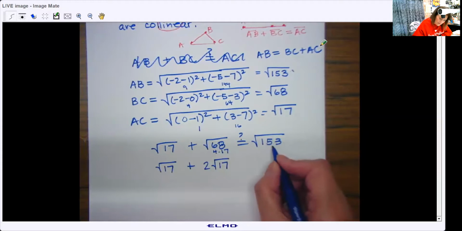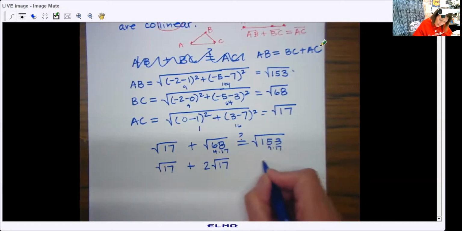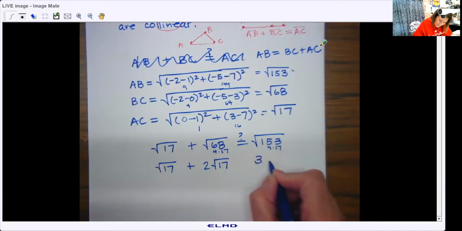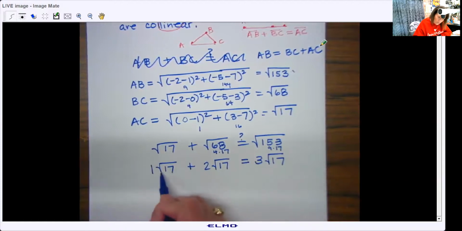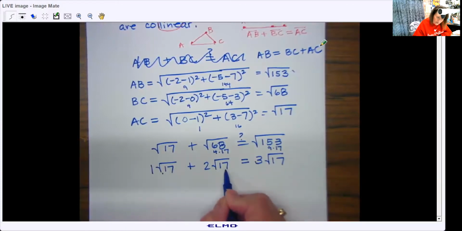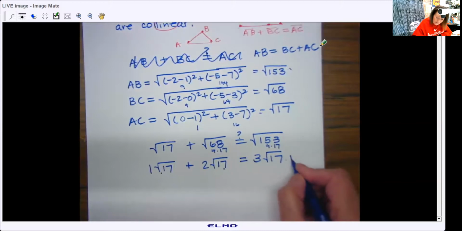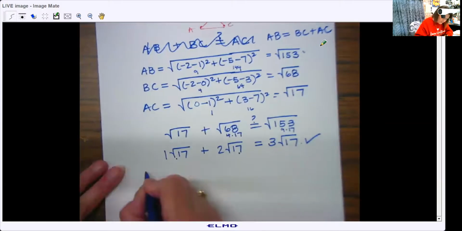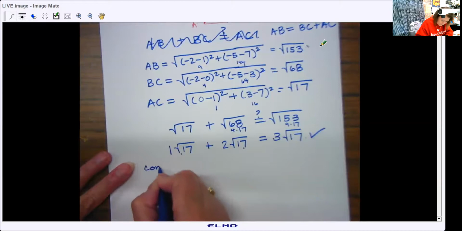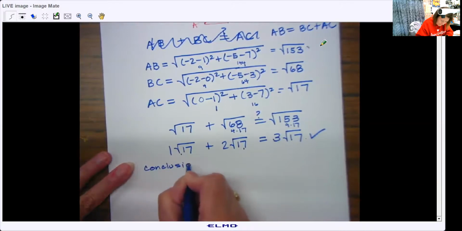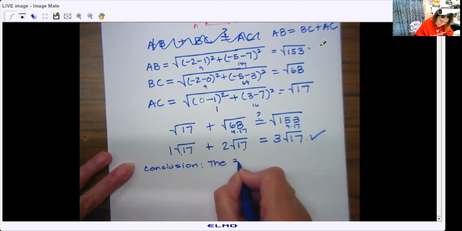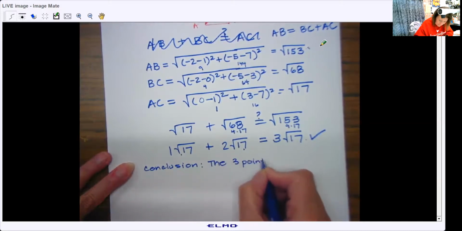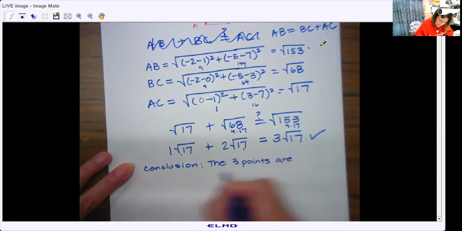This just happens to be 9 times 17, so that is 3 square roots of 17. And look at that: 1 square root of 17 plus 2 square roots of 17 equals 3 square roots of 17. It's true. So we can write our conclusion. The 3 points are collinear.